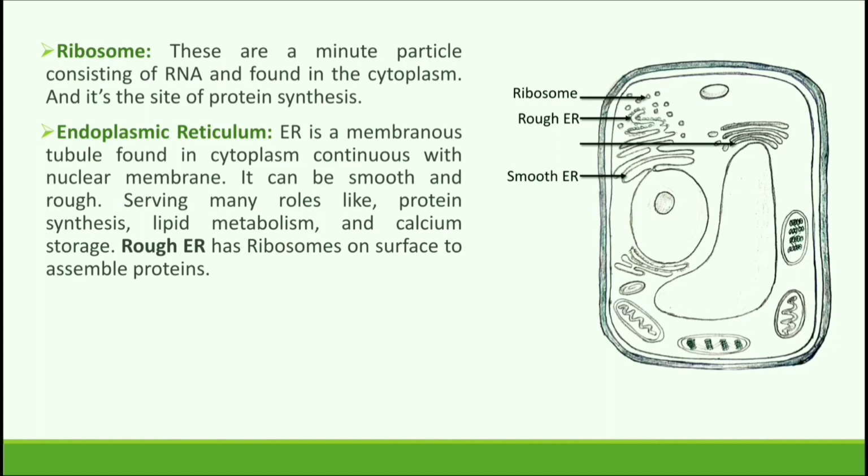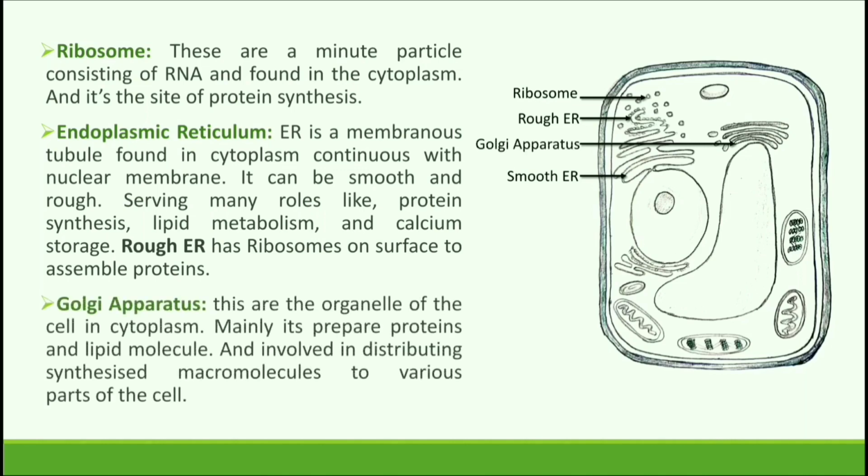Endoplasmic reticulum serves many roles like protein synthesis, lipid metabolism, calcium storage, etc. Next is the Golgi apparatus. These are organelles of the cell found in the cytoplasm. It prepares proteins and lipid molecules and it is also involved in distributing synthesized macromolecules to different parts of the cell.